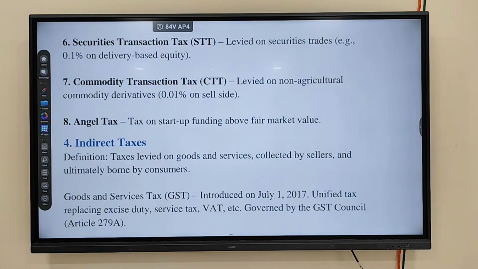Just write down that the wealth tax was introduced in 1957.